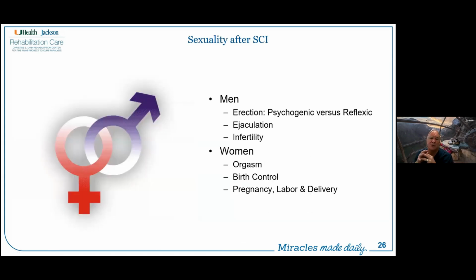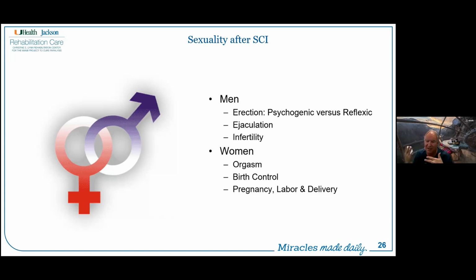Our folks are also going to have some degree of sexual dysfunction after spinal cord injury. Now, the majority of folks with spinal cord injury are still men. And depending upon the level of injury, if the injury is at or below T10, folks can still have a psychogenic erection.